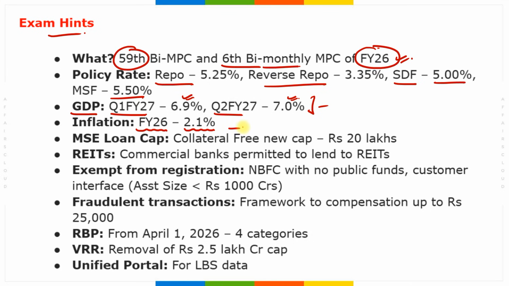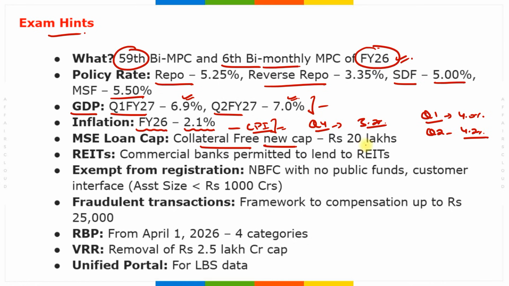This is CPI, Consumer Price Index inflation. And for quarter 4, they predicted 3.2%, and for quarter 1 in 2026-27, they predicted 4.0%, and for quarter 2 it will be 4.2% for 2026-27.